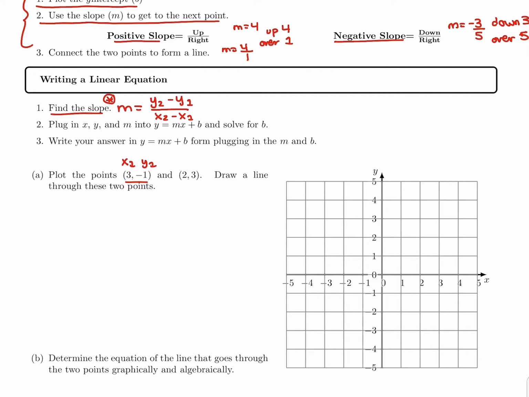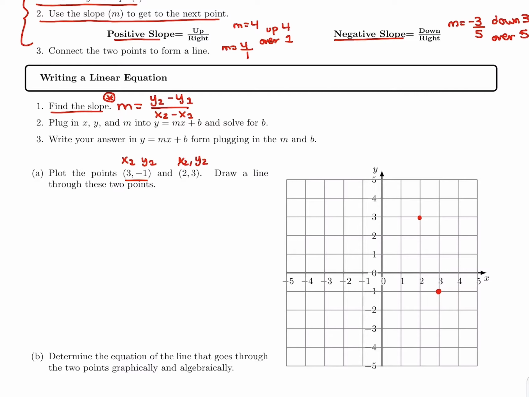The x value is 3, and the y value is -1. So there's my first point, and my second point, x2, y2, is the point 2, 3. And we just want to draw a line connecting these points.